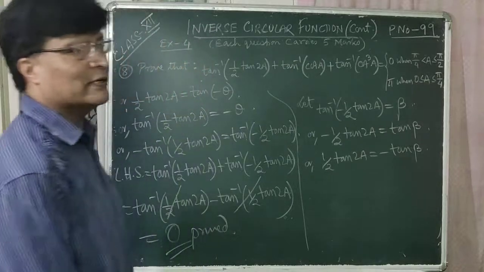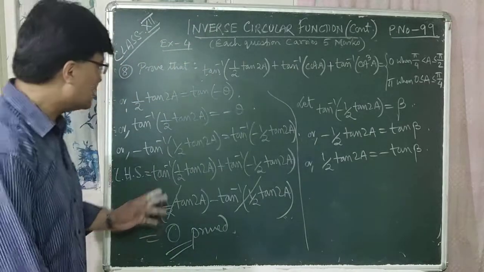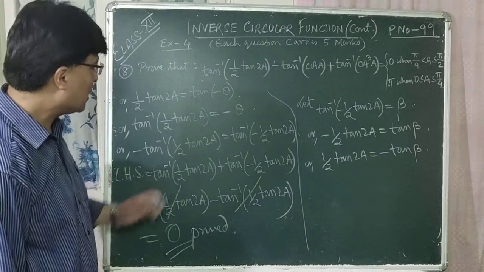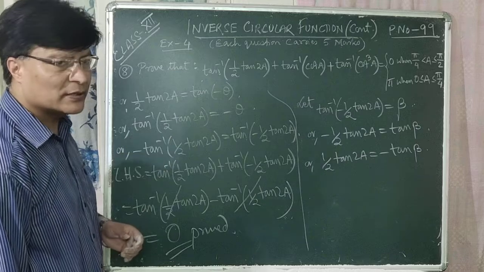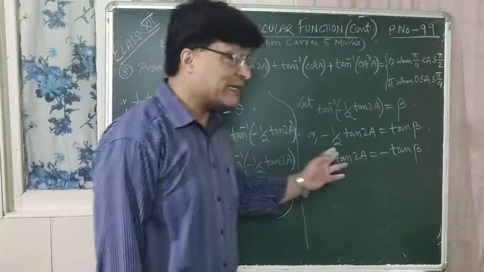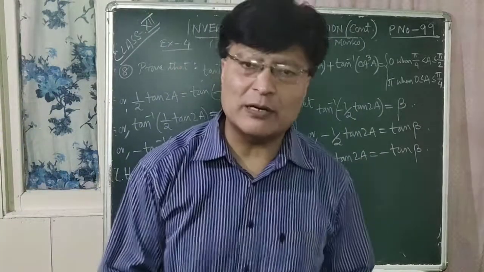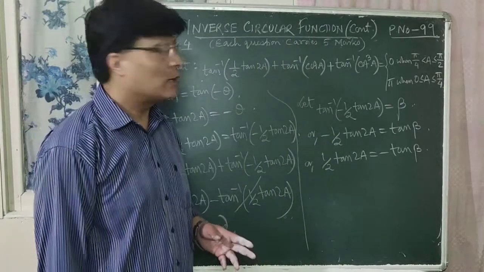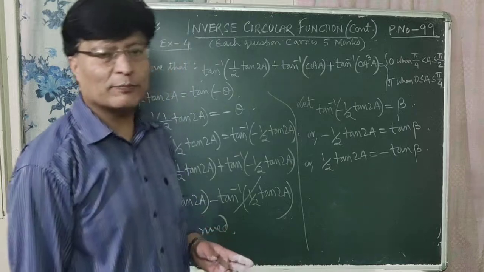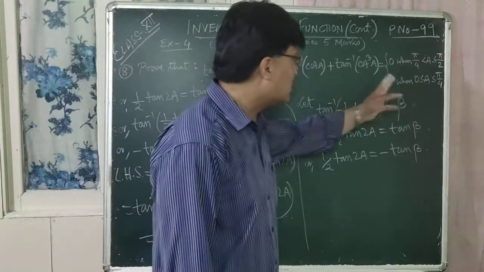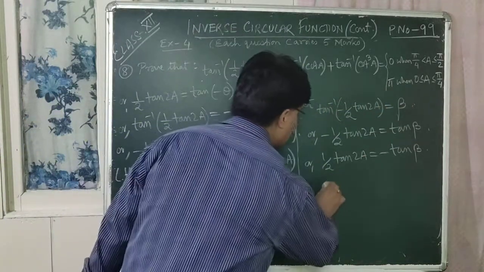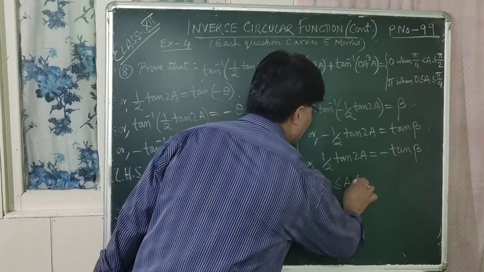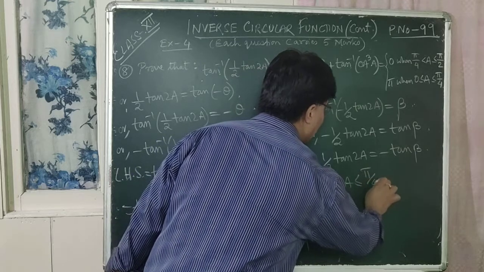Now how to write minus tan beta? In the first case, we wrote minus tan theta is equal to tan of minus theta, because the condition was given as pi by 4 less than a less than or equal to pi by 2. Now the condition is given as 0 less than or equal to a less than or equal to pi by 4.